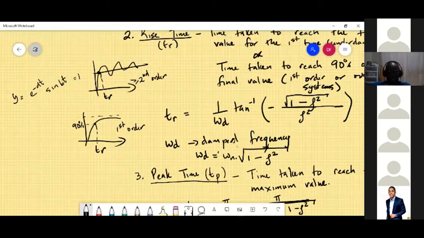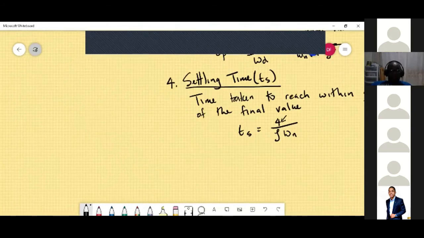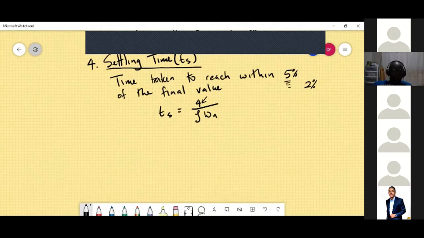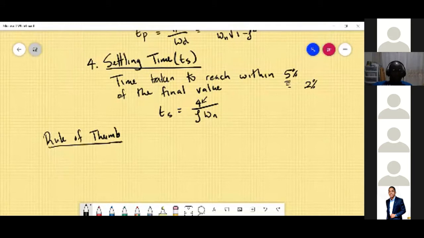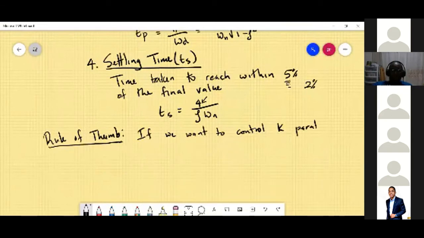Now, a rule of thumb, which means it's not a real rule: if we want to control K parameters, we need K gains.